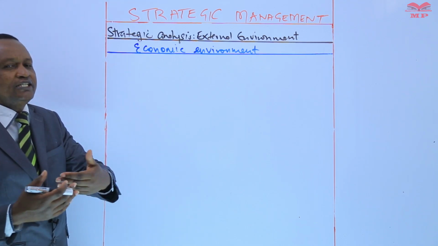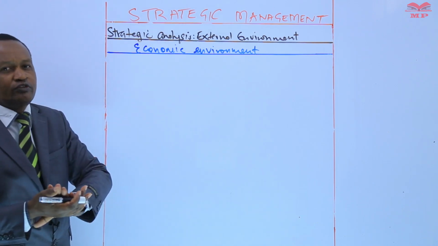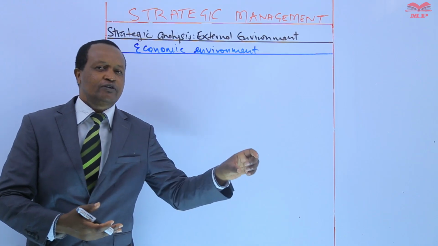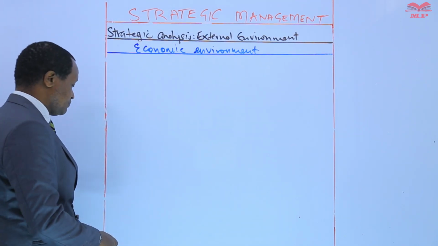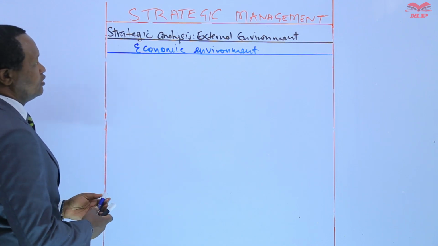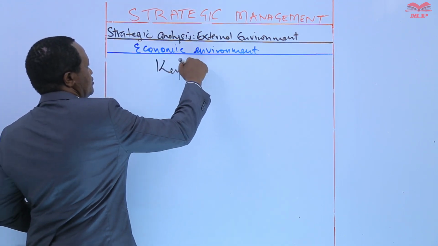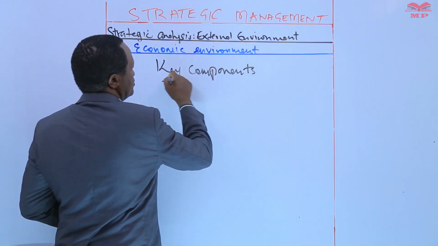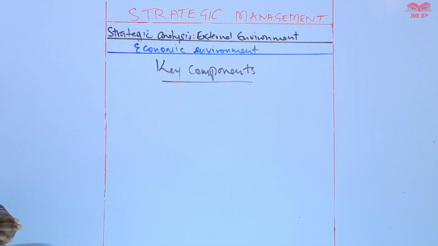So understanding and analyzing the economic environment is essential for developing effective business strategies and making informed decisions. In this lesson, we are going to identify the key components of the economic environment. What are the key components of the economic environment?